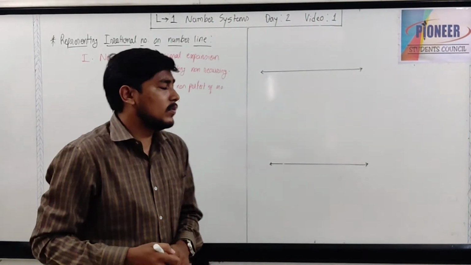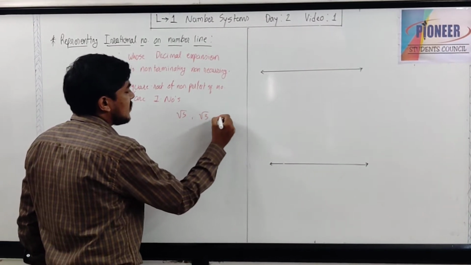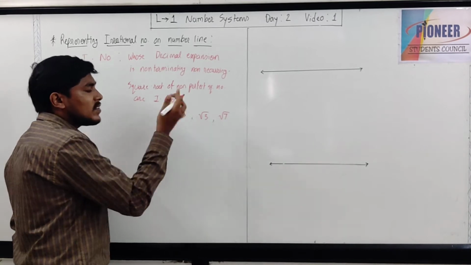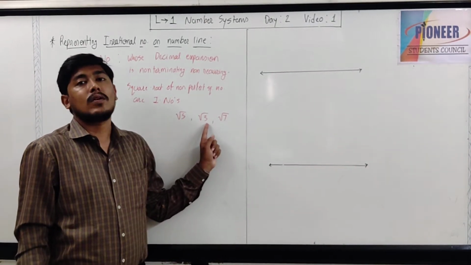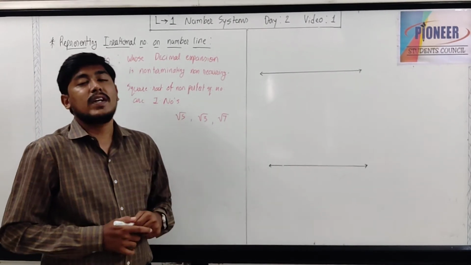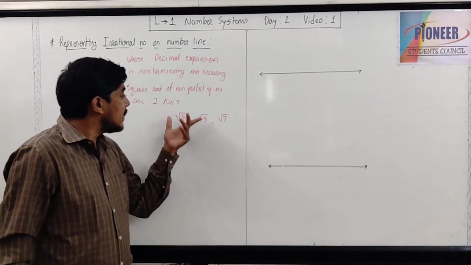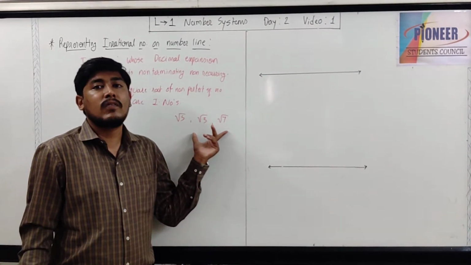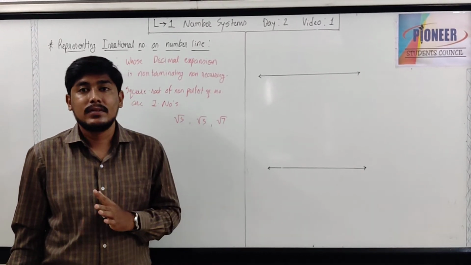Just like I am telling you, square root of 5, square root of 3, square root of 7. 5 is not the square of any number, so it is known as an irrational number. Root 3 is not the square of any number, it is an irrational number. Root 7 is not a square of any number, so it is called irrational. Right? Now we have to represent such root values, that is, irrational numbers, on the number line.